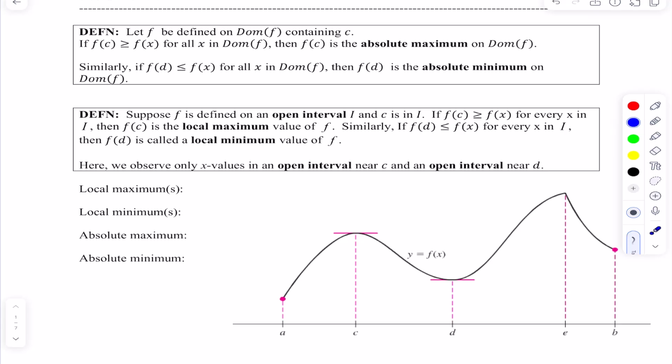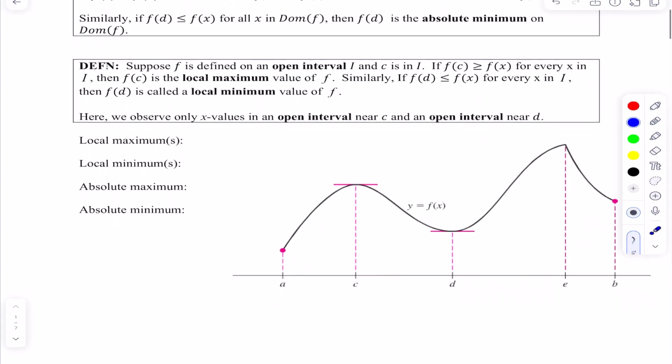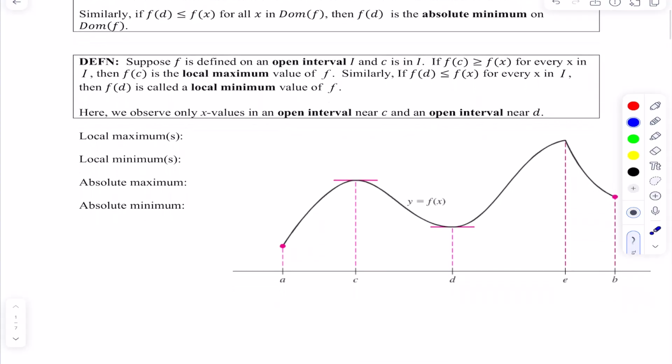So what's the difference between local versus absolute? You want to think of local as a neighborhood, and absolute could be the city. So which one is smaller, the city or the neighborhood of a city?